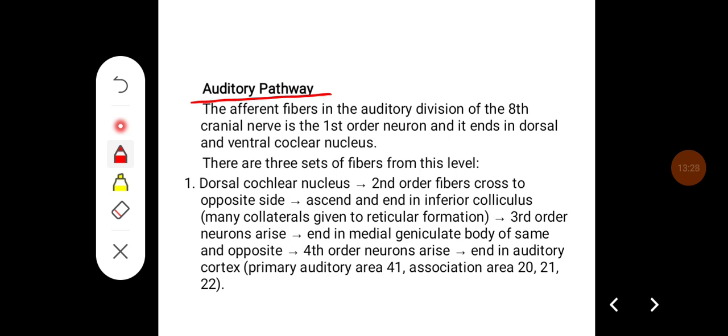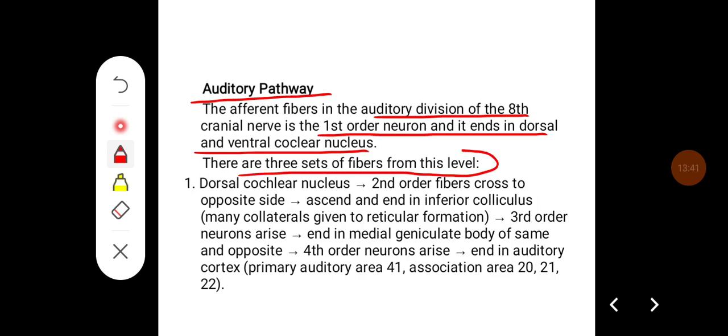Auditory pathway. The afferent fibers in the auditory division of the 8th cranial nerve are the first order neurons, and they end in the dorsal and ventral cochlear nucleus. So there are 3 sets of fibers from this level, that is the second order neurons. The first is from the dorsal cochlear nucleus. The second order fibers cross to the opposite side from here and ascend and end in the inferior colliculus.